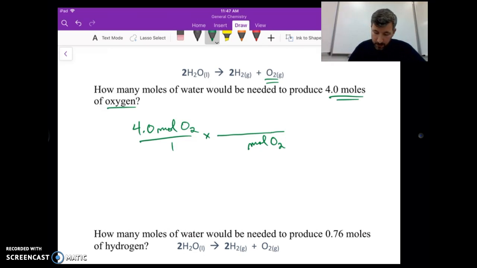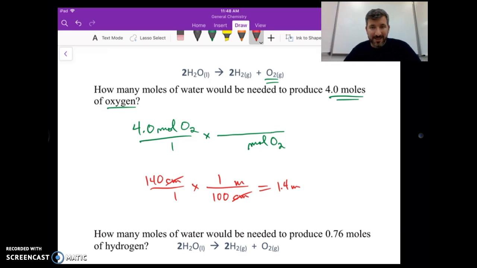If I'm starting with 140 centimeters, and I want to convert that to meters, well, I would put centimeters on the bottom and meters on the top. And I would use the fact that 1 meter equals 100 centimeters, and I would do the division, so I'd get 1.4 meters. This is the same concept, only this ratio, this 1 to 100 ratio, is going to come from a different place.